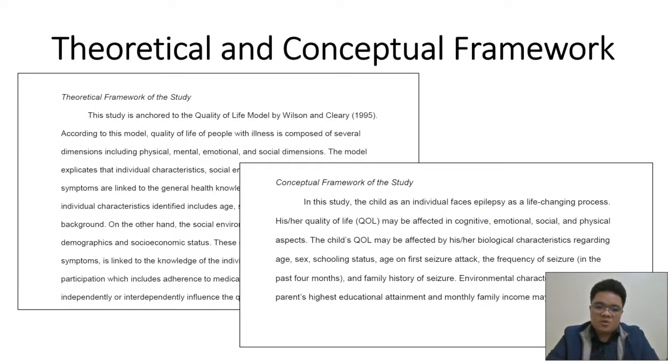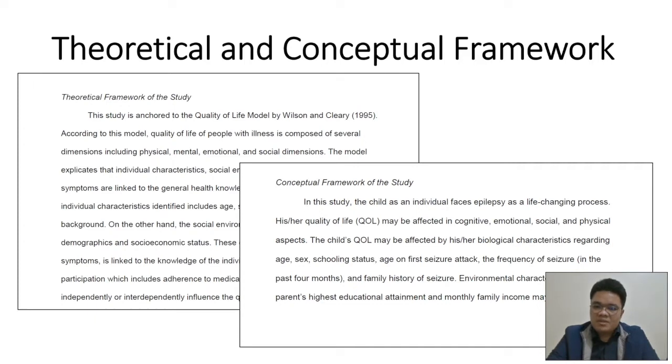So as you can see, the theoretical framework is discussing only quality of life. But in the conceptual framework, we are already discussing quality of life in the context of a child with epilepsy, because we are already more specific to a child with epilepsy.